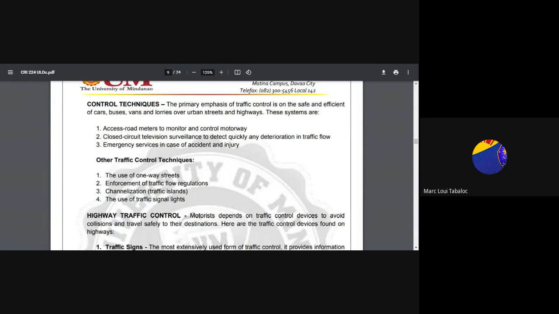Another control technique that is now commonly used in many places, especially bigger cities, is closed circuit television systems, or CCTVs. The unique use of CCTVs is that they can be used for traffic surveillance and enforcement.